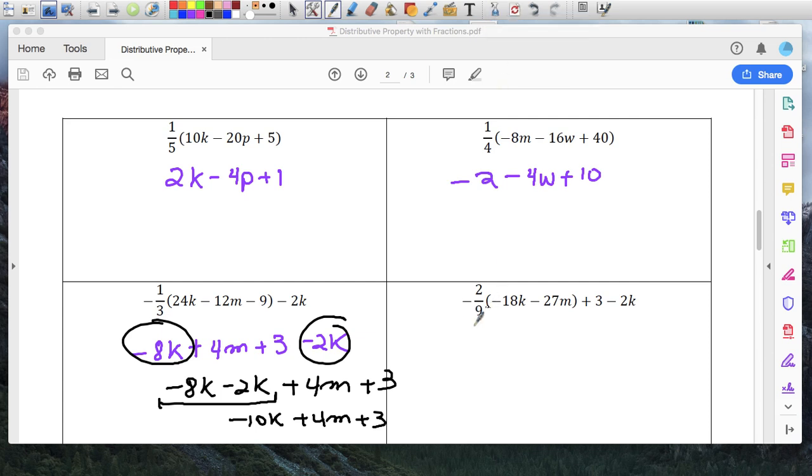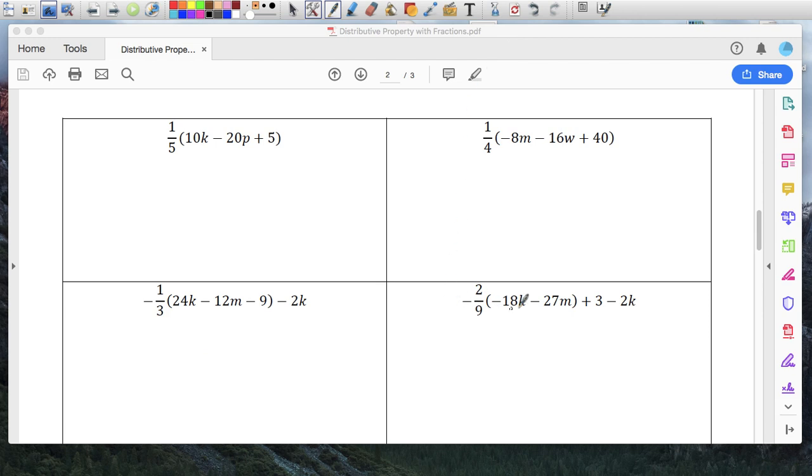Now here, right, I'm going to be multiplying negative 2 over 9 times 18, but after I divide by 9, I have to multiply by 2. So let's take a look at this way. I'm going to take this 18 divided by 9 and then multiply by 2. I think that's a nice, quick way of doing it.